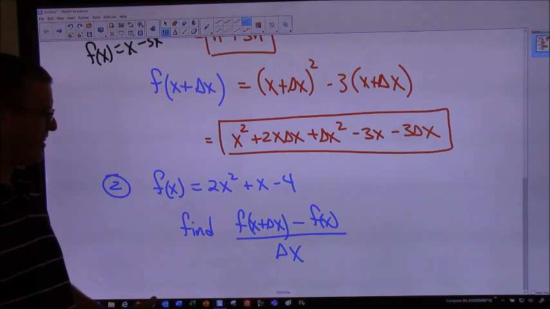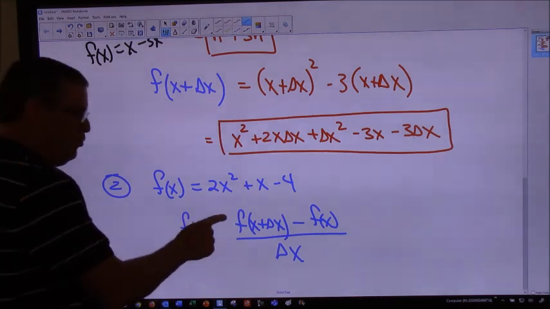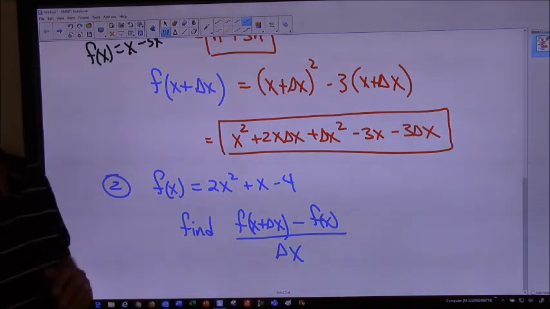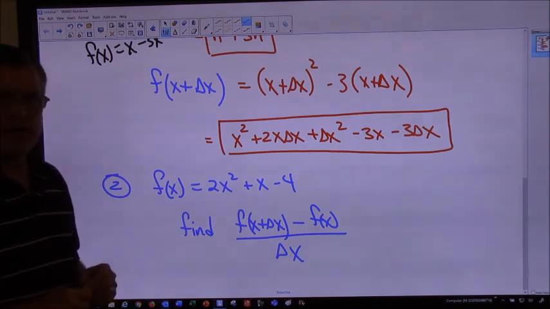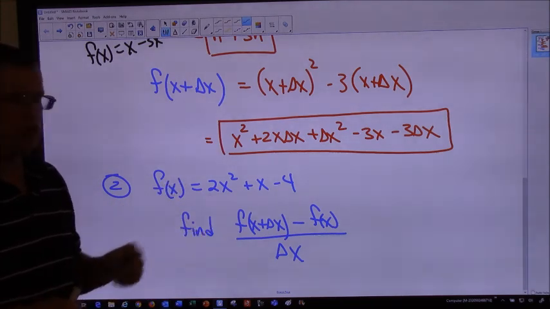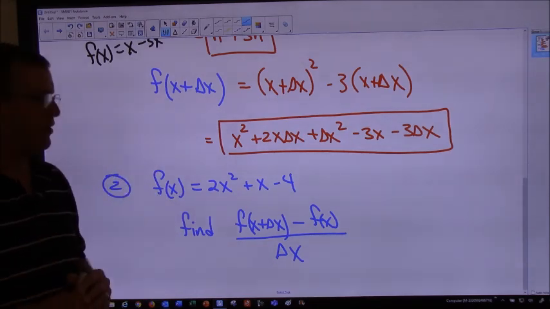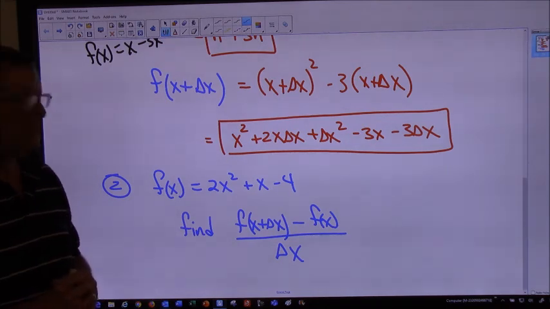You're like, what? Come on, Judson. Yeah, this actually becomes a really important concept to us in calculus next year. And one of the things we're really starting to see in pre-calc is this problem showing up more and more, so that when we see it next year in calculus, we're like, oh yeah, I remember that. No big deal. All right?